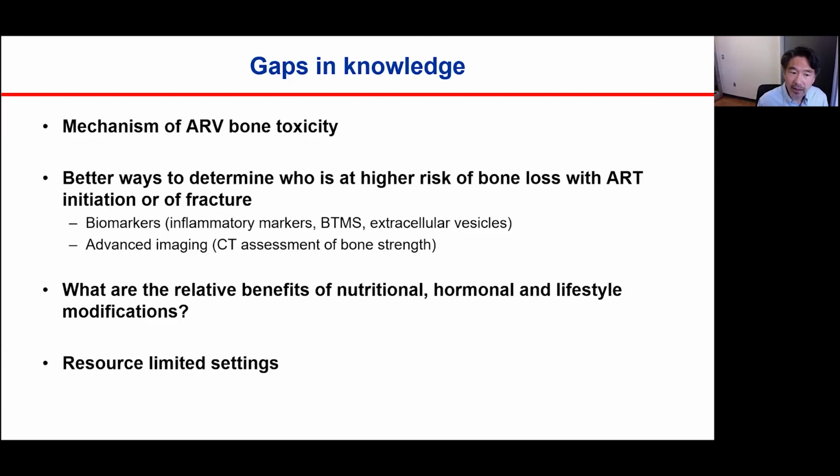And lastly, this is a big problem in the resource-limited setting, given the limitations both in antiretroviral therapy as well as modalities to risk stratify and identify patients who are at risk of fracture or osteoporosis. So I think further research needs to be done in terms of figuring out what are the best and most cost-effective ways to implement some of those measures.